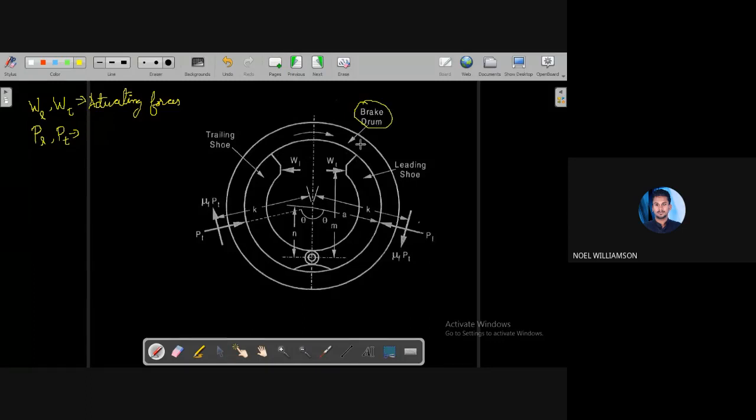The brake drum is moving, and while the shoes are engaging with the brake drum, at the point of contact there will be a normal force at both the portions. Here for the leading shoe it is PL, and for the trailing shoe it is PT. So these are the normal forces.